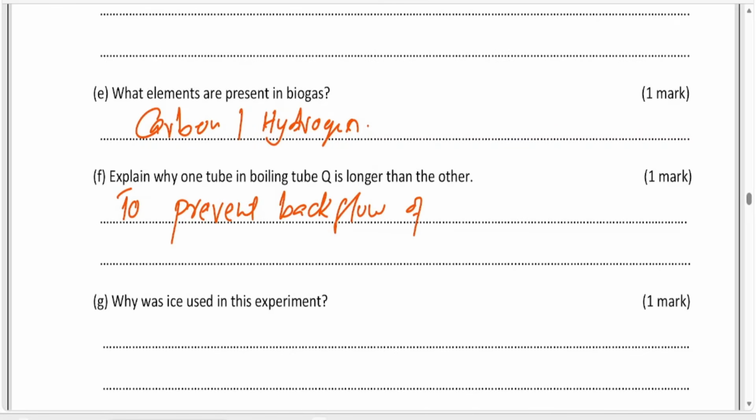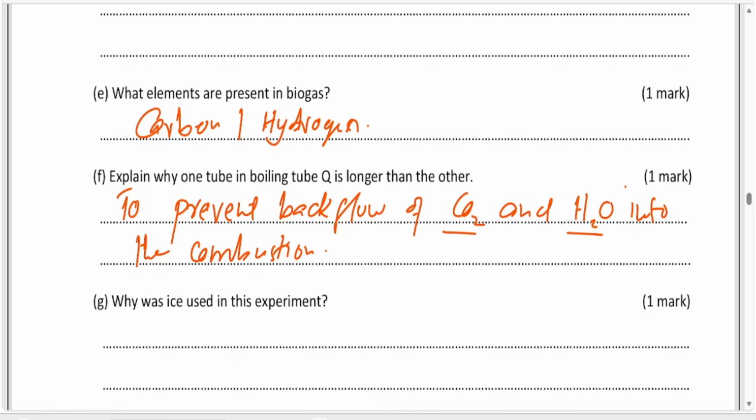The carbon dioxide gas and water vapor can be absorbed back into the combustion tube if the tubes were of the same size.